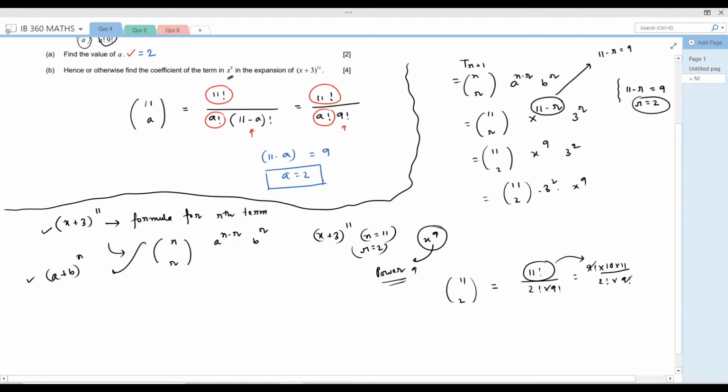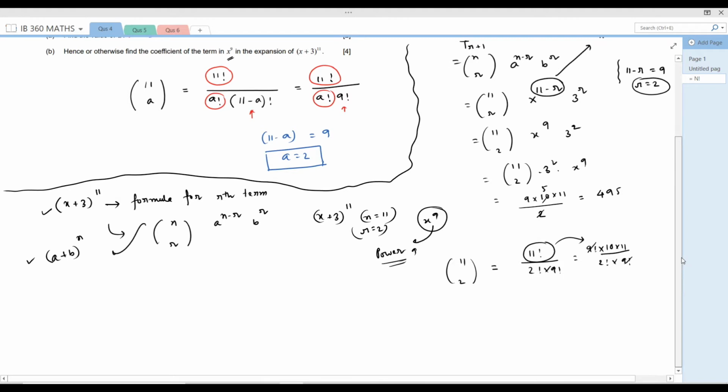So it will be 9 into 10 into 11 divided by 2, which equals 495. So the coefficient is 495 x to the power 9.